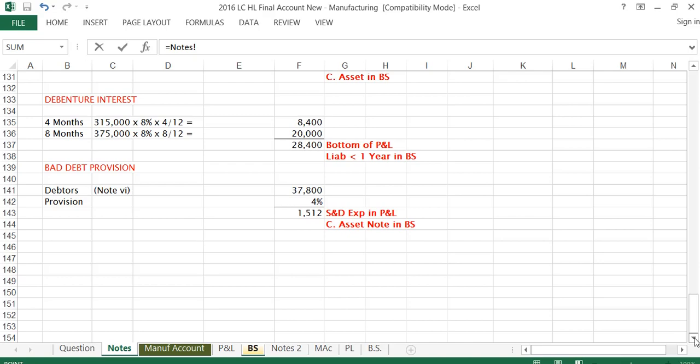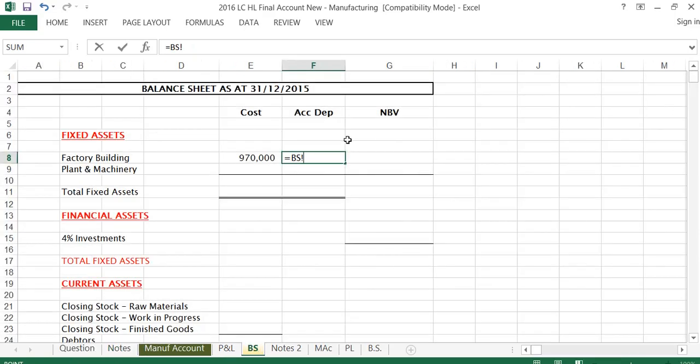If we don't have a note done for the depreciation of factory buildings, we might have to do one. Now it doesn't give us a depreciation rate for the year for the factory buildings, so we might probably just have to take the depreciation from the trial balance, and we can see that factory buildings in the trial balance, the cost is 930,000 and they're now worth 910,000, so the depreciation must have been 20,000.